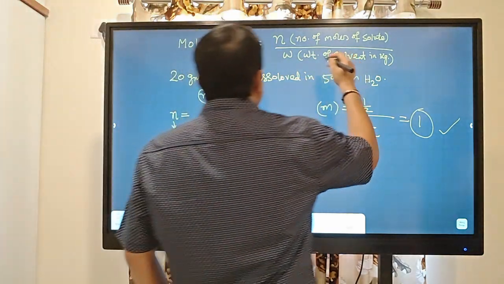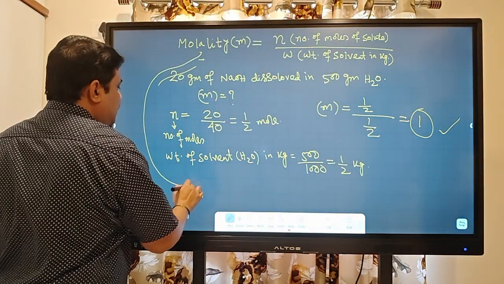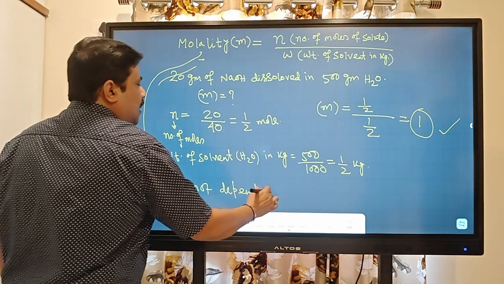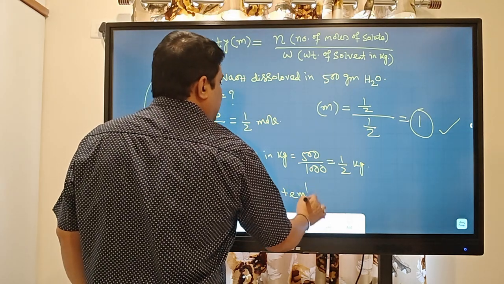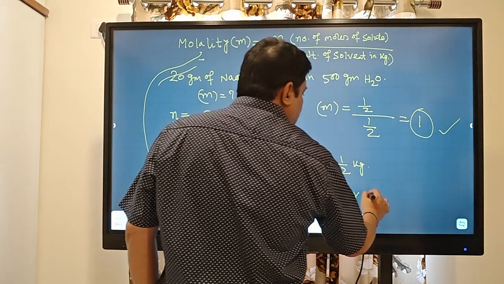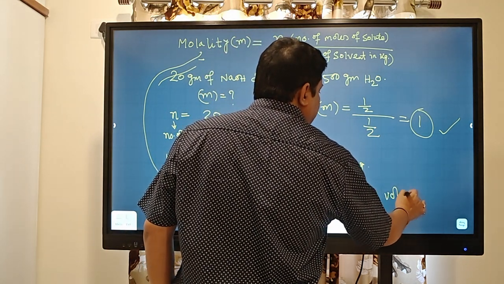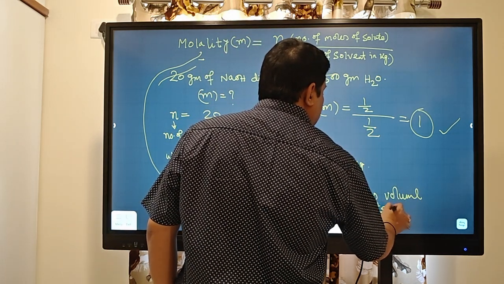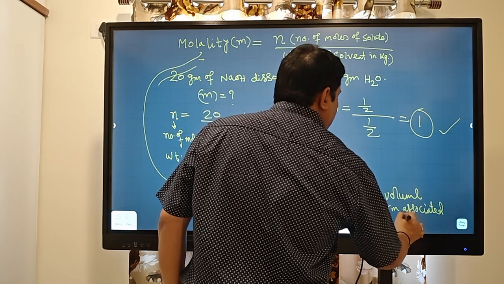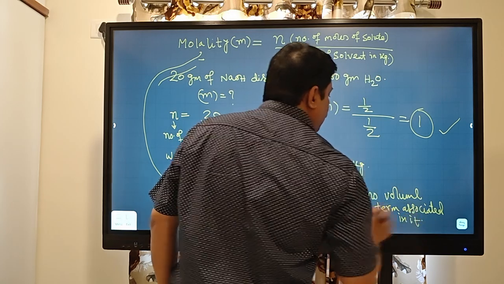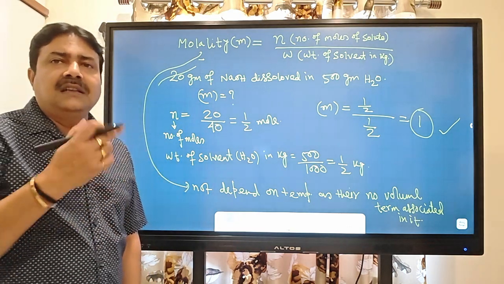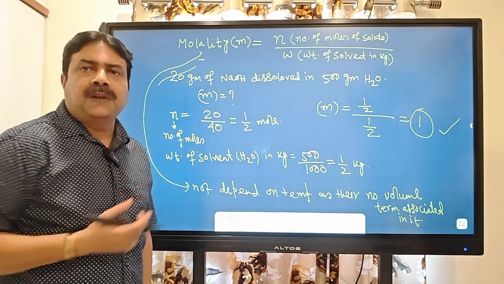So here I am writing: molality does not depend on temperature, as there is no volume term associated with it. So there is no question of dependency on temperature, because we have the number of moles of solute and the weight of solvent, that means the mass of solvent in kg.